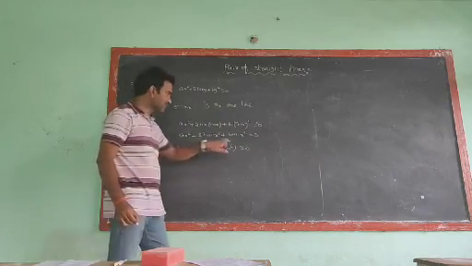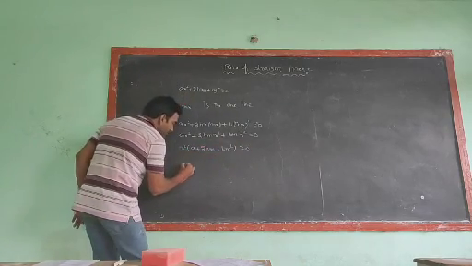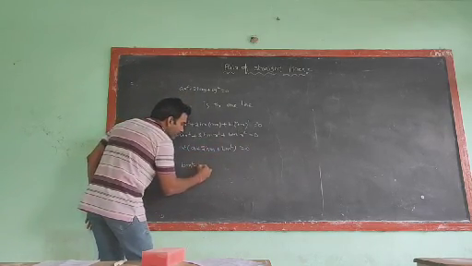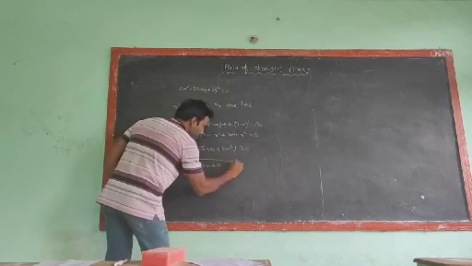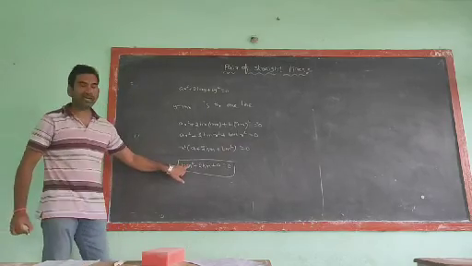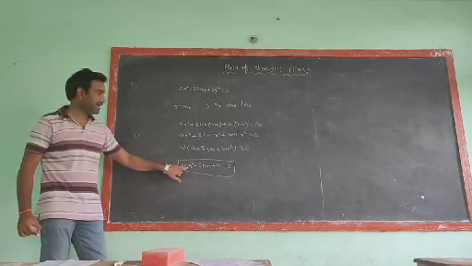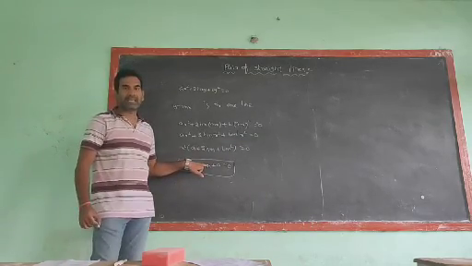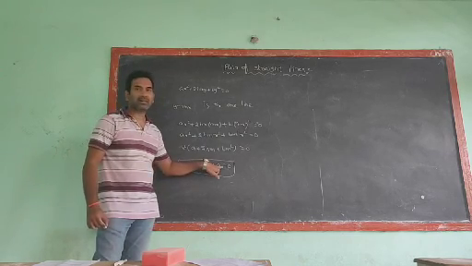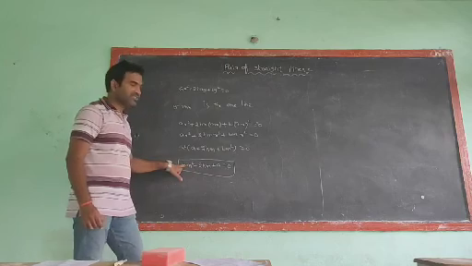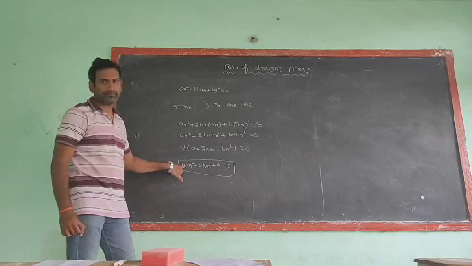You just take this to the other side. You are getting bm square plus 2hm plus a equal to 0. You just observe here, this is a quadratic equation in terms of m. In terms of m square, m and constant.